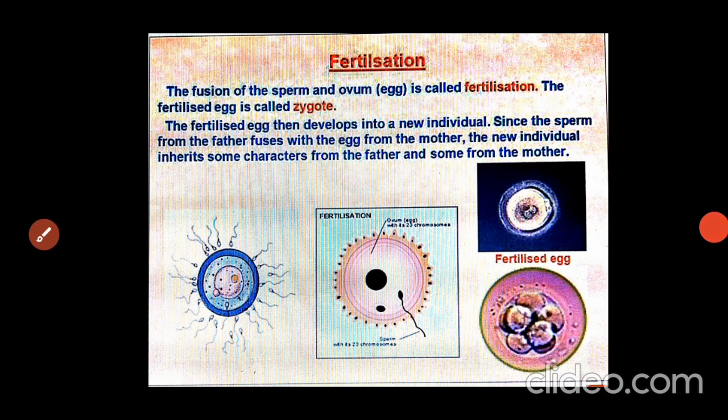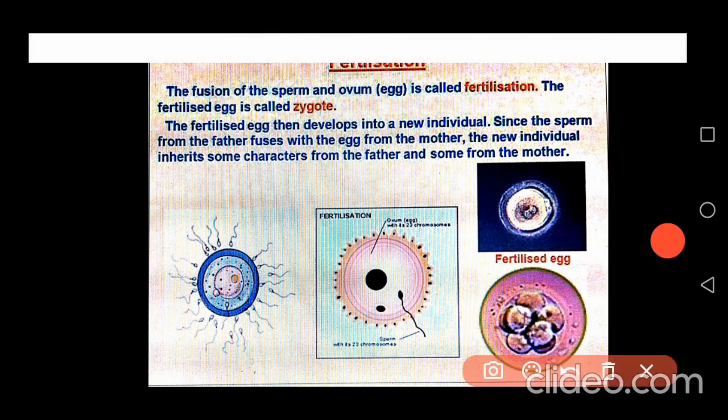Students, similarly, after fertilization the fertilized egg then develops into a new individual, since the sperm from the father fuses with the egg from the mother. Already I told you. The new individual inherits some characters from the father and some from the mother.